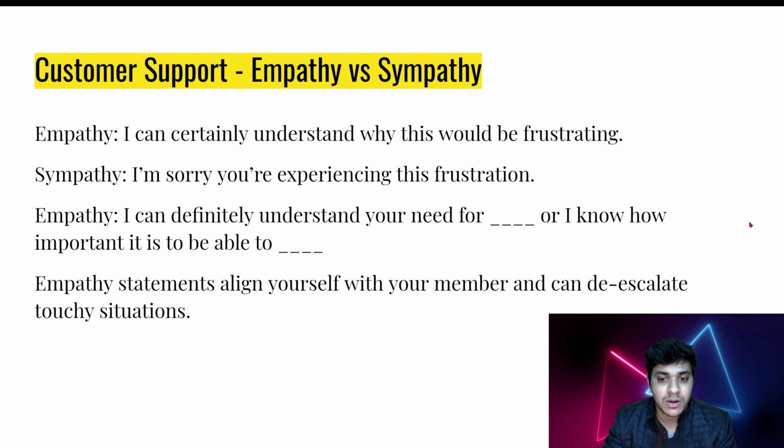Another example: I can definitely understand your need for this particular thing, or I know how important it is for you to be able to do so and so. Empathetic statements align you with your member, and this can help de-escalate touchy situations. Rather than being patronizing or looking at it from a different perspective and giving your opinions, which is not what people want. They want you to feel what they were feeling.